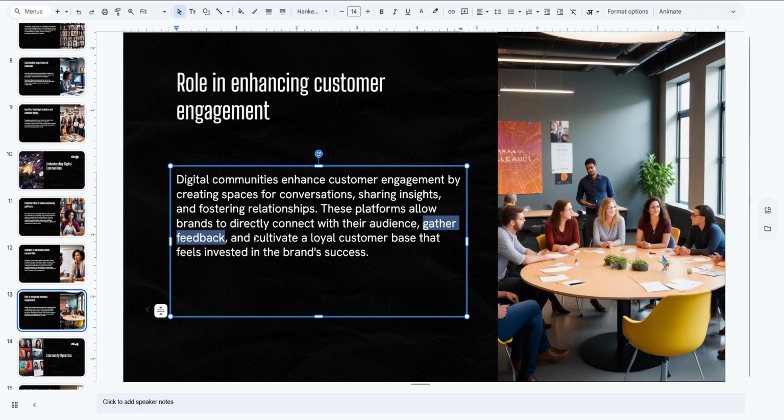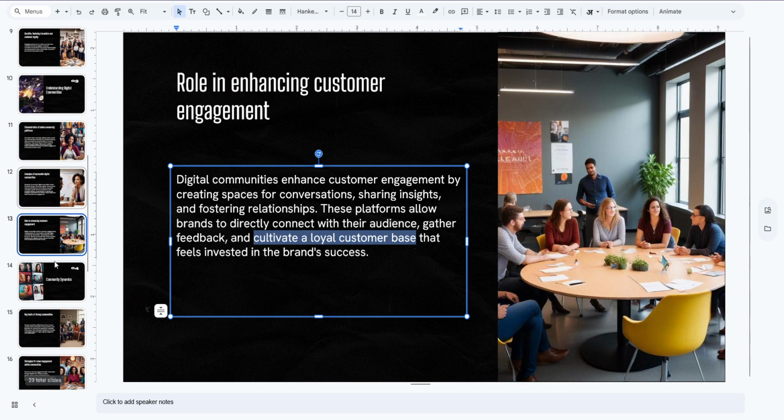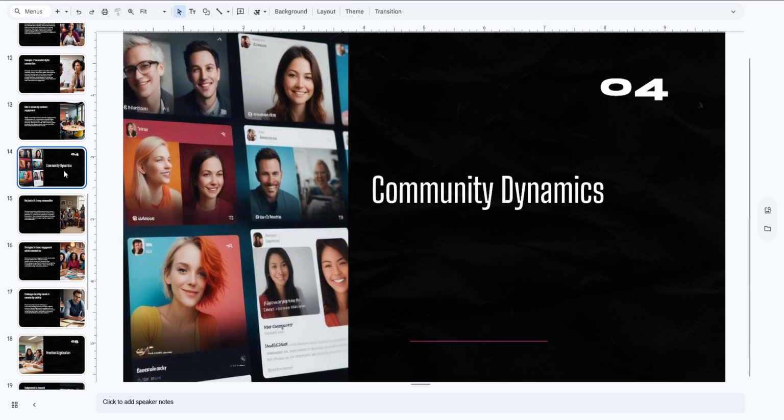So all this is required so that the brand can gather feedback and cultivate a loyal customer base, so that they understand their customer better, so that they can serve the customer better and solve the customer's problem better.